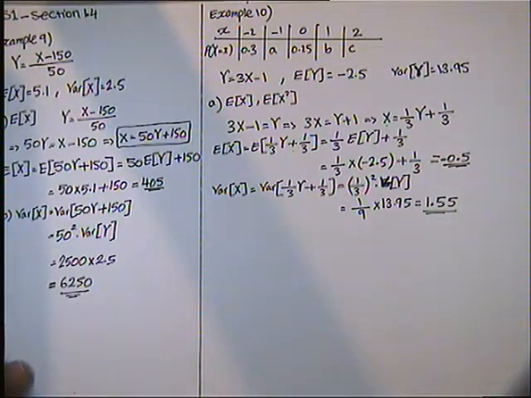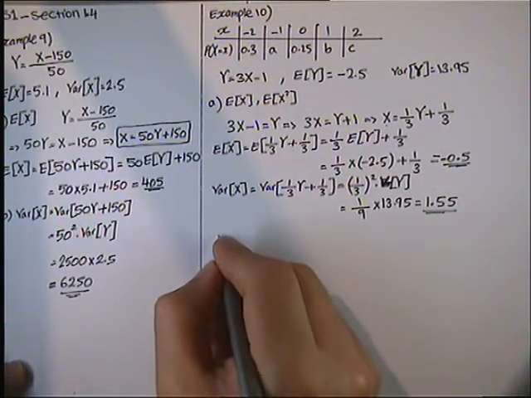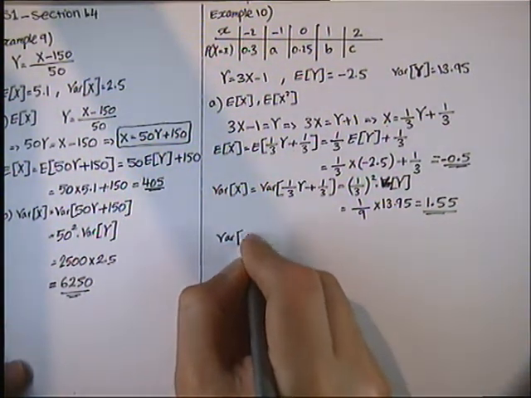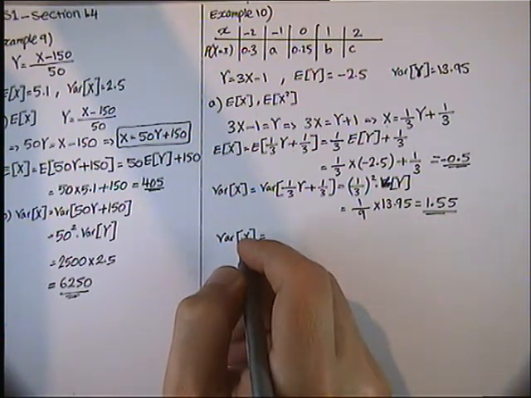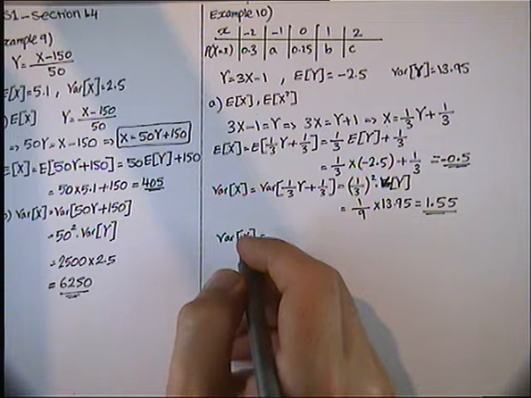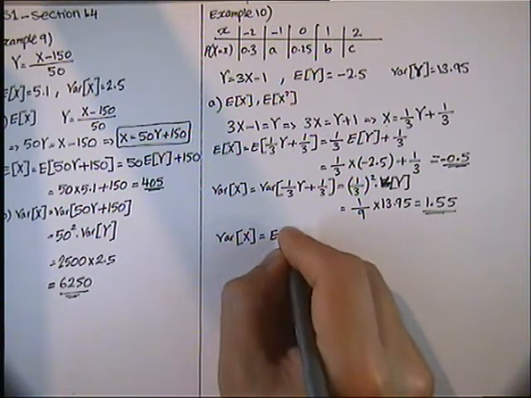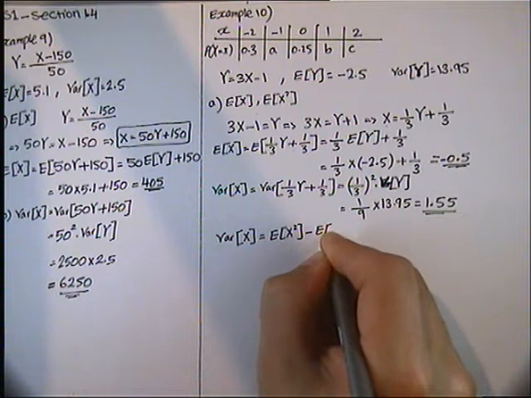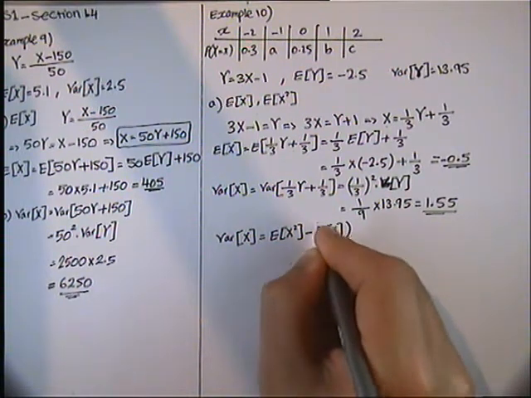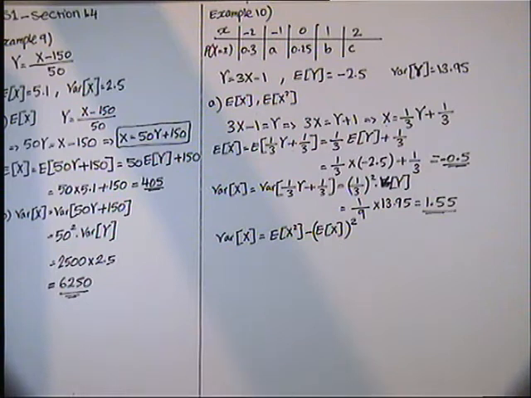So we know that variance of x is equal to E of x squared minus E of x whole squared.